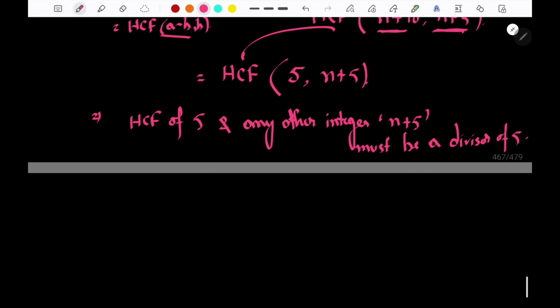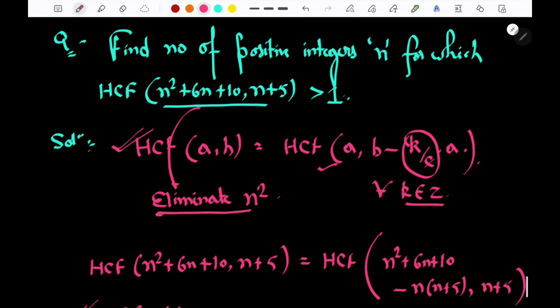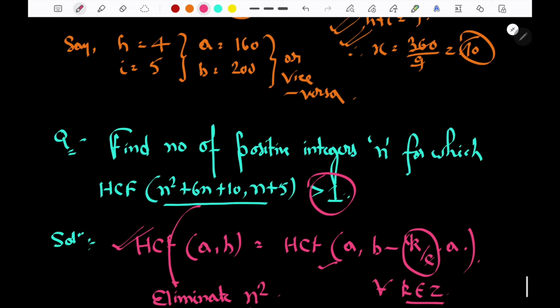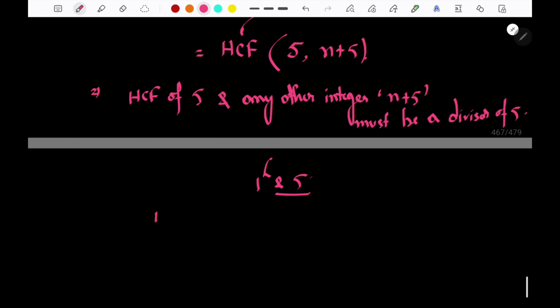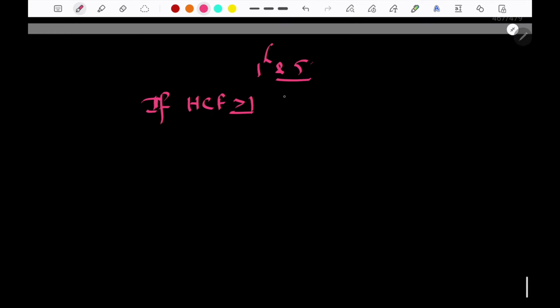Now what are the divisors of 5? The divisors of 5 are 1 and 5, but they are saying in the question that HCF must be greater than 1. So if HCF is greater than 1, which case are we required to take? The only possible value will be what?